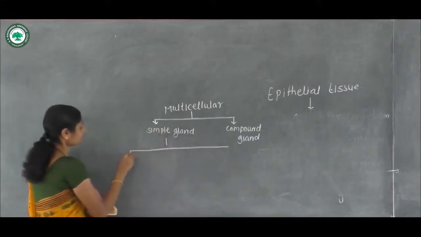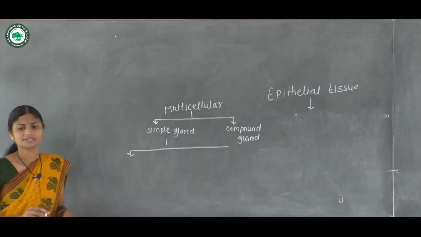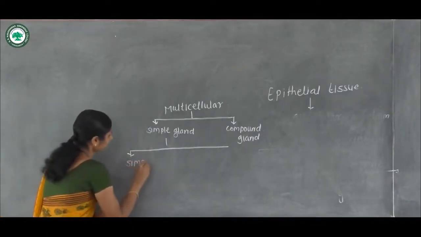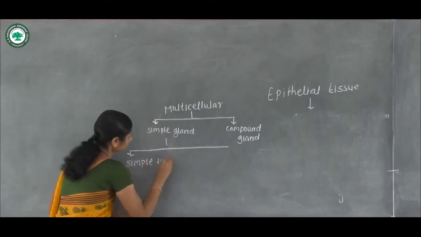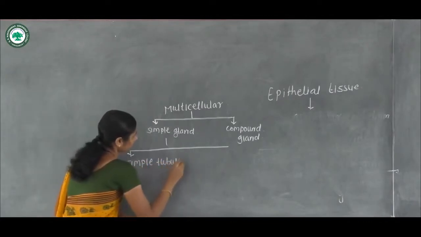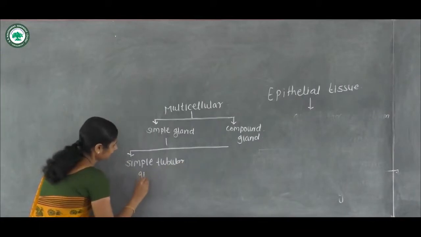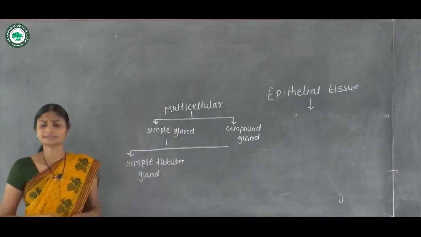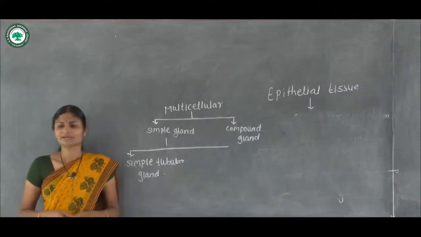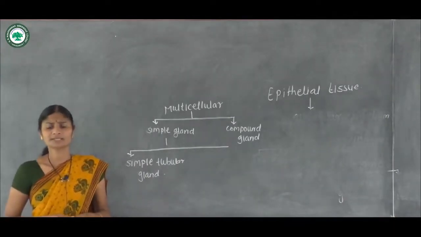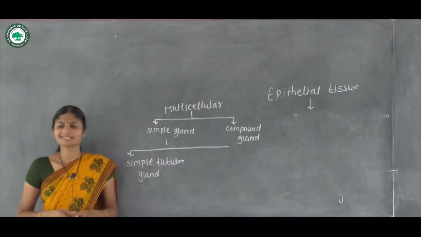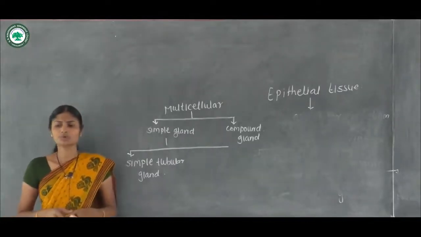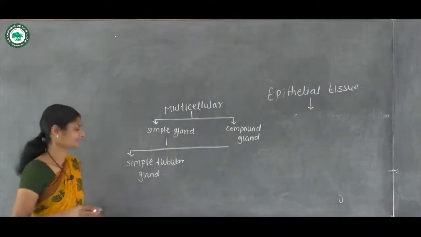First type is simple tubular gland. A simple tubular gland consists of simple epithelial cell lined tubules which open to the surface.